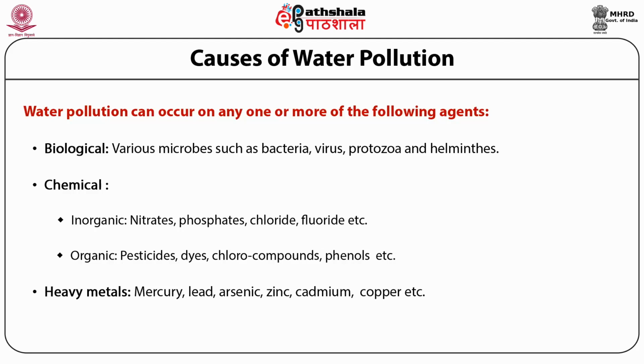It is the presence of heavy metal ions such as mercury, lead, arsenic, zinc, cadmium, copper, etc. Another agent is physical, and it is the waste heat that is released from the thermal plants.